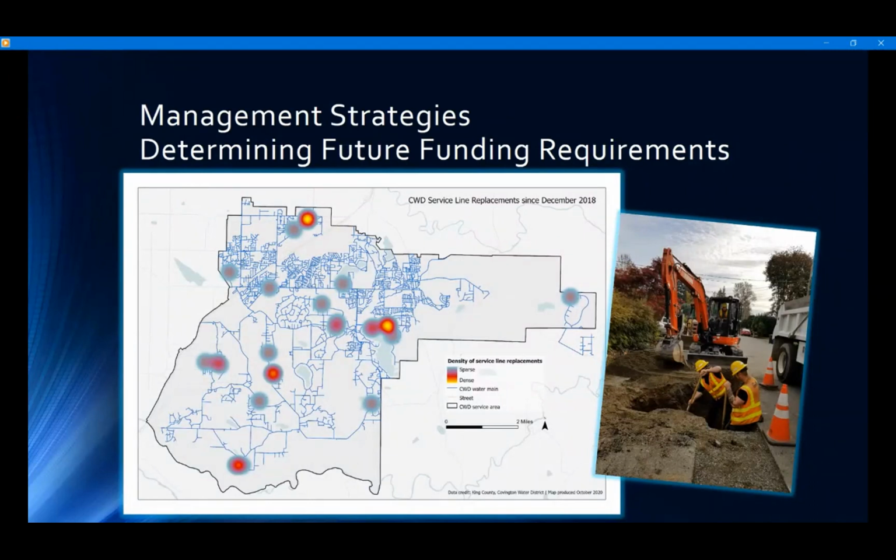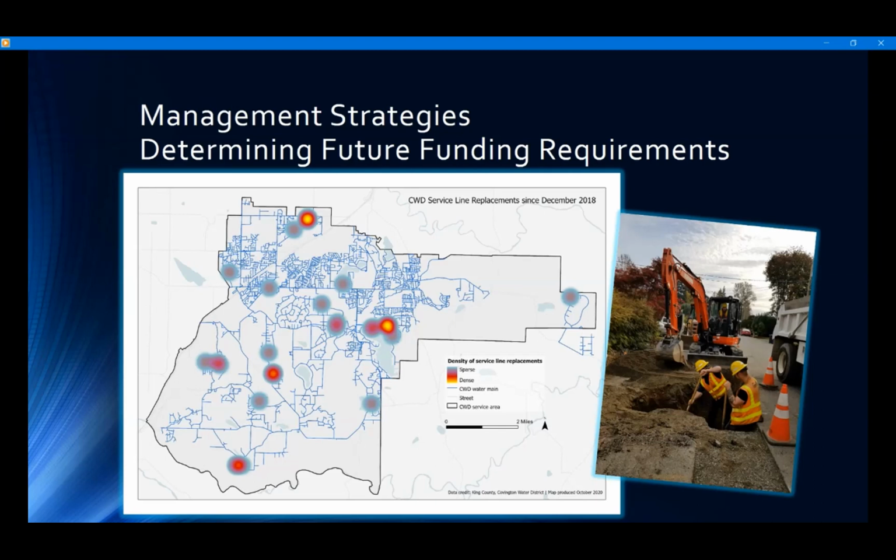One thing that we've noted in our work to date is that not all assets respond the same. Some respond to the environment in which they reside in. So here you'll see a density heat map of our service lines, and you'll notice in 3 or 4 places on the map we have a fairly high impact to our service lines, depending on soils and other activities.